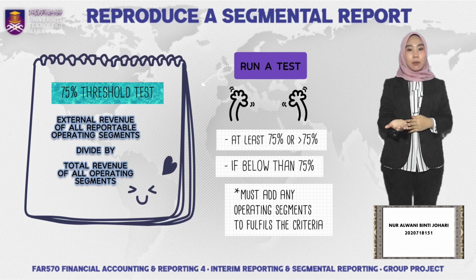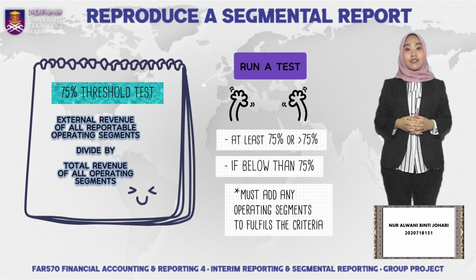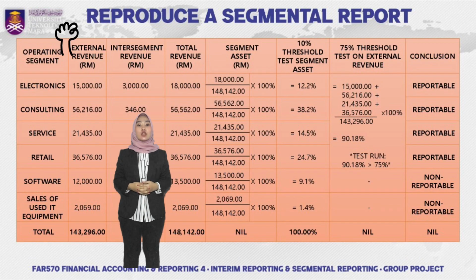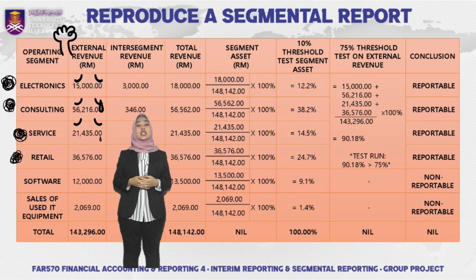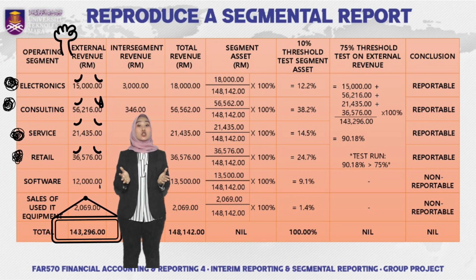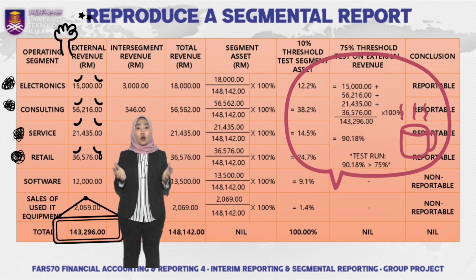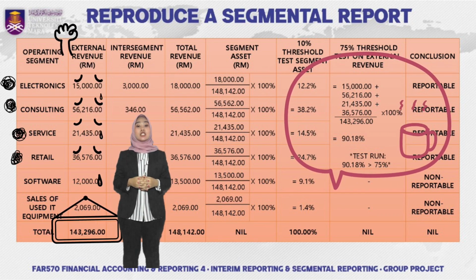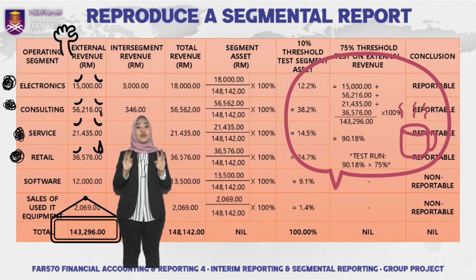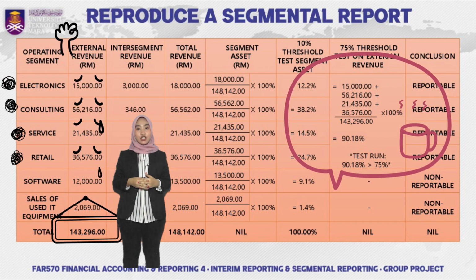To reconfirm the statement above, we should run a 75% threshold test. Firstly, we need to sum up the external revenue of the reportable operating segments, amounting to 129,227 ringgit, divide it by the total external revenue of all operating segments, amounting to 143,296 ringgit, then multiply it by 100% to get the percentage.